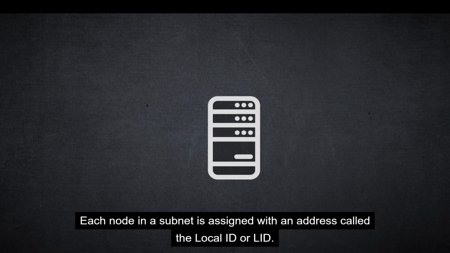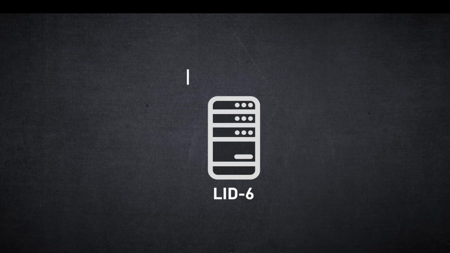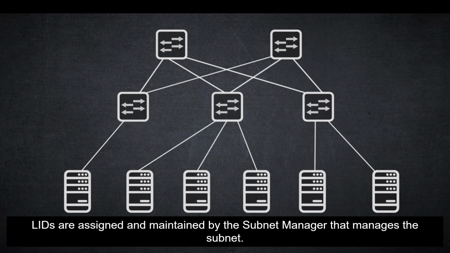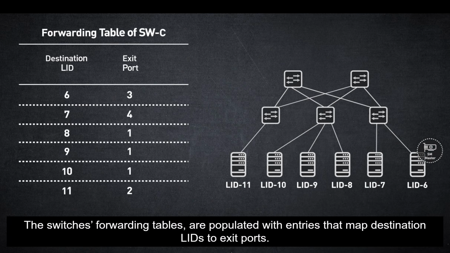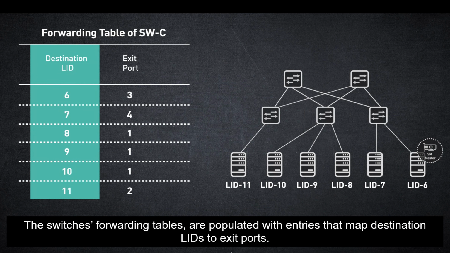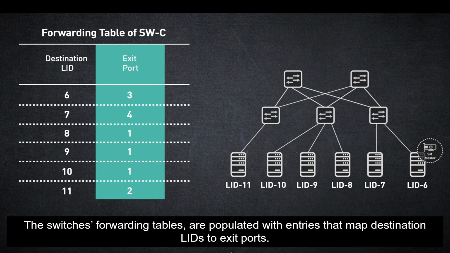Each node in a subnet is assigned with an address called the local ID or LID. LIDs are assigned and maintained by the subnet manager that manages the subnet. The switches' forwarding tables are populated with entries that map destination LIDs to exit ports.